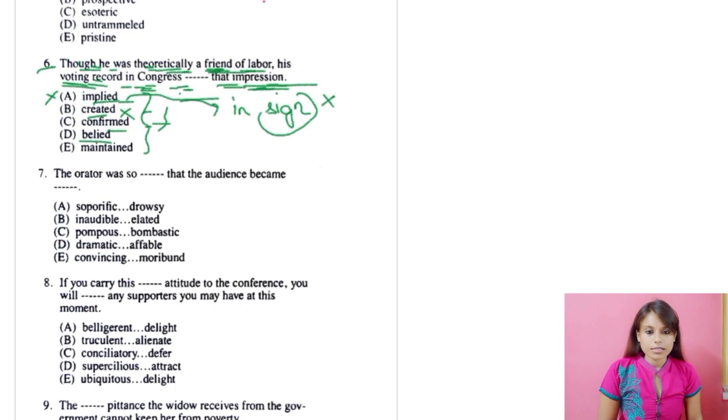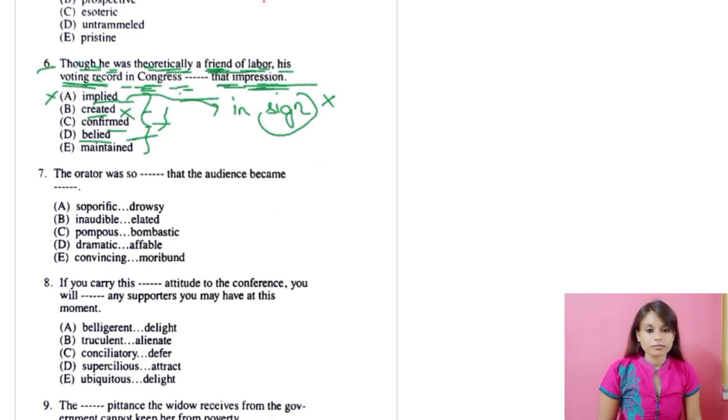Okay, but let us see number D also, belied. Now, belied means to give an idea of something that is false or not true. Okay, so if I put belied, though he was theoretically a friend of Labour, his voting record in Congress belied that impression.